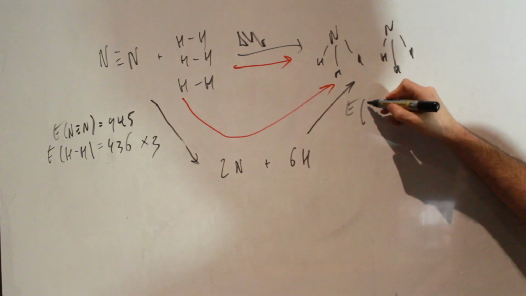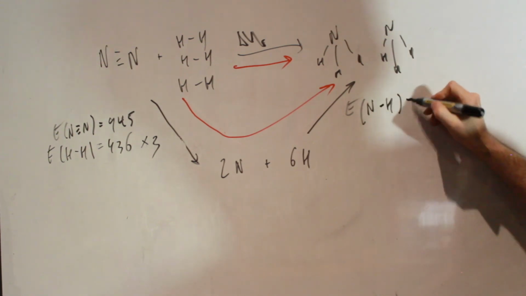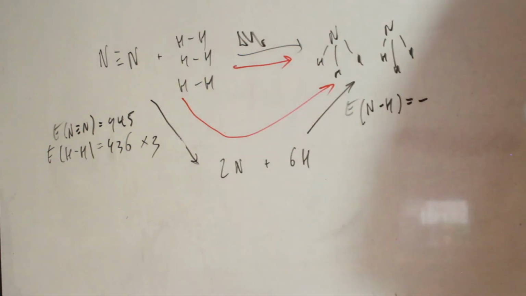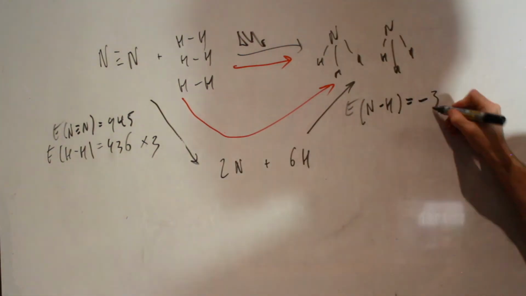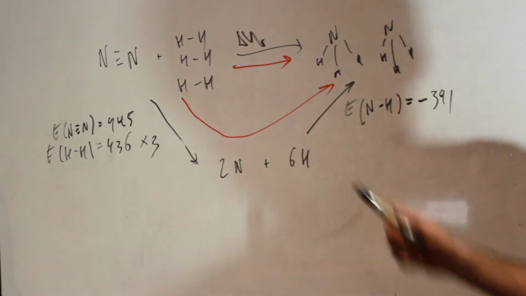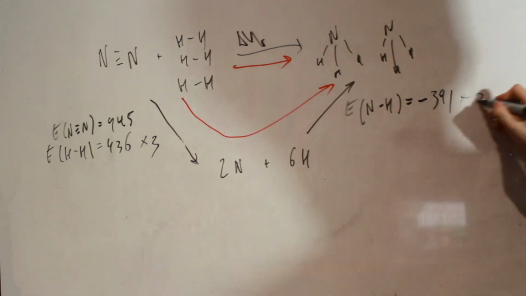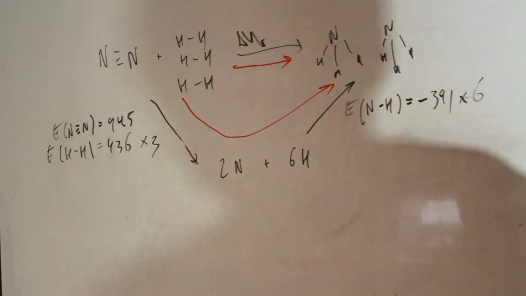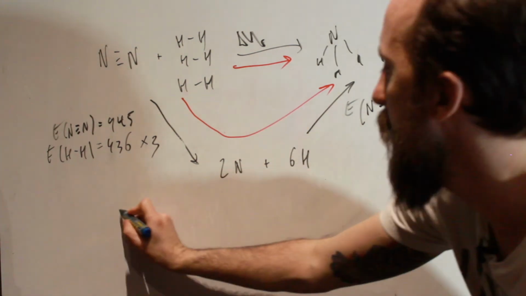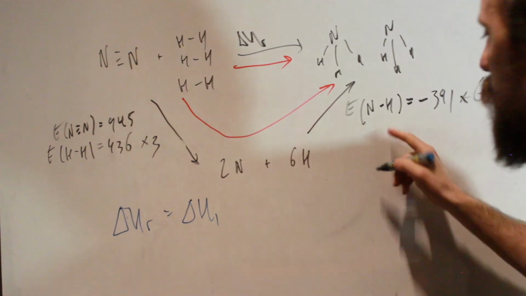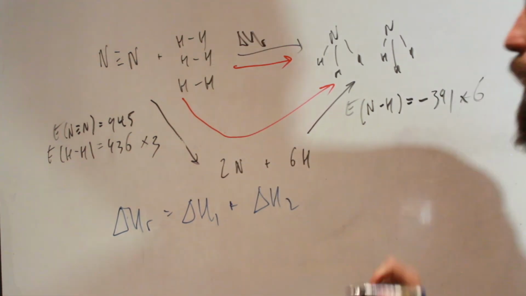So the energy released when making an NH bond is equal to minus the energy taken to break the NH bond, because the energy is being released. So minus 391. However, I'm making 1, 2, 3, 4, 5, 6 of these NH bonds, so I've got to multiply that by 6. Then we can use our indirect and direct routes to get our maths equation. So delta H of the reaction is going to be equal to delta H1 plus delta H2.